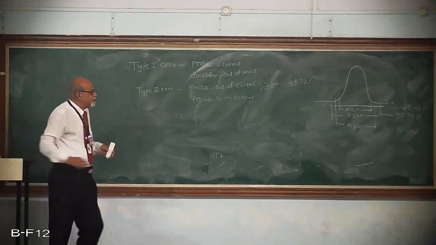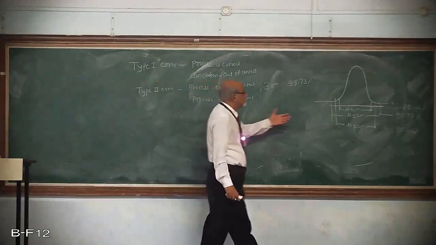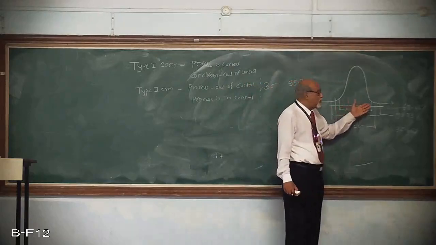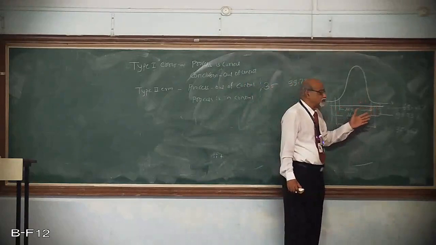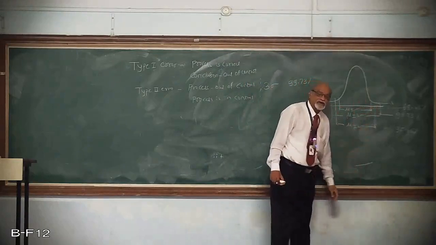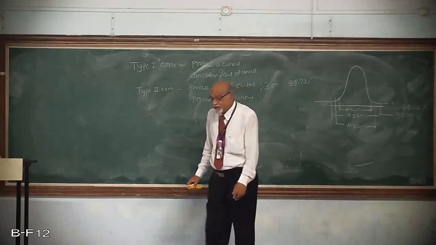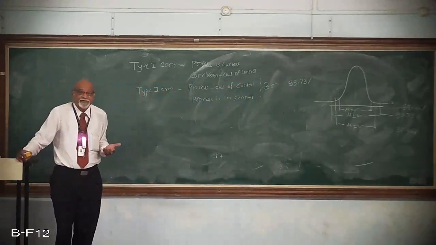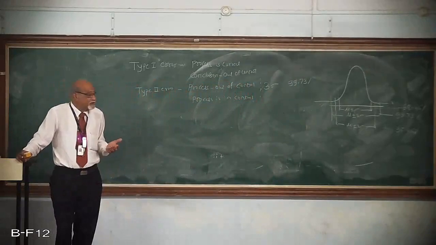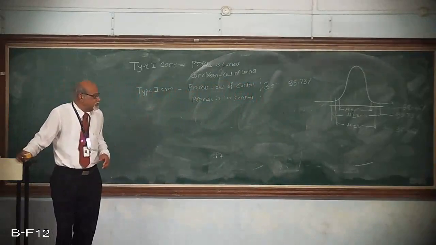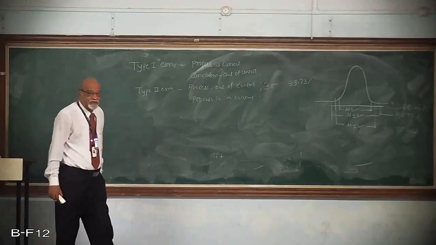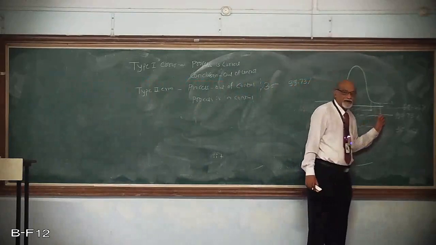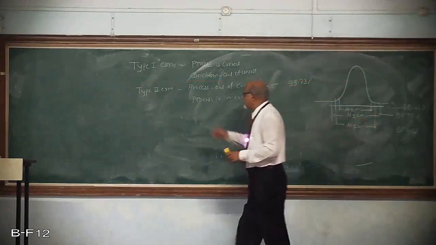But if I had made it mu plus or minus sigma limit, then 1 minus 68.46, that means something around 31 point odd percentage, around 31.5%, I will be committing the type 1 error. Similarly, for mu plus or minus 2 sigma, that is roughly around 4.5% I will be committing the type 1 error. What about type 2 error?